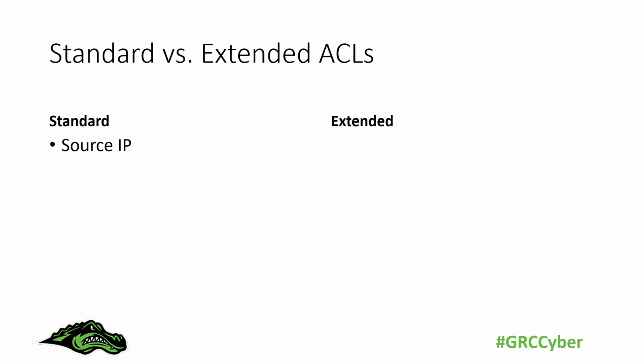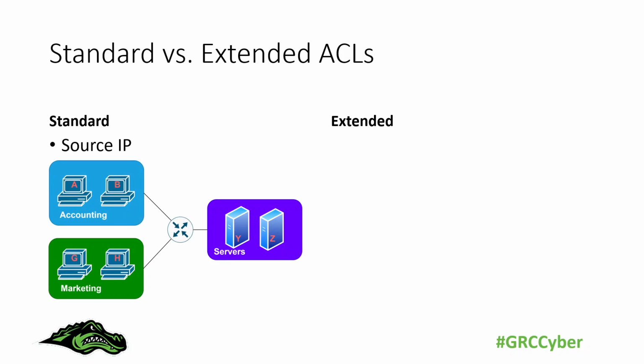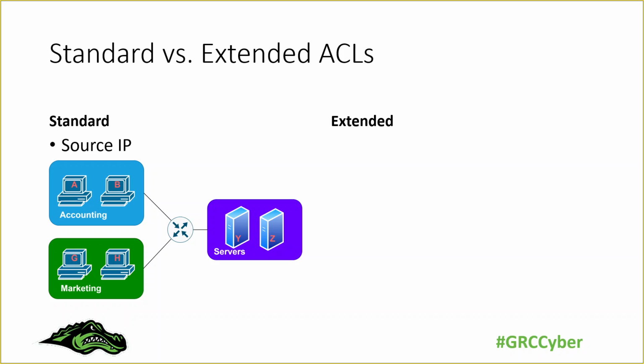However, they're not as flexible. As we can see, a standard access list looks only at the source IP. For example, let's say that my security department comes along and says, "Hey, the accounting department should not be accessing the server network. They should not be able to get through there."